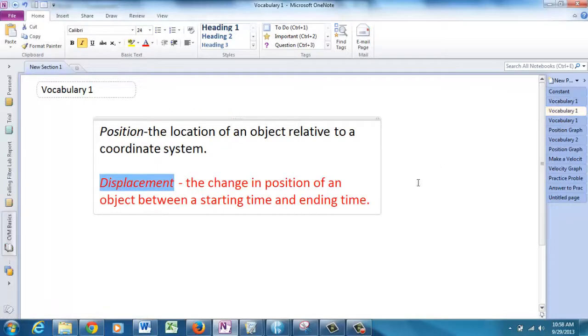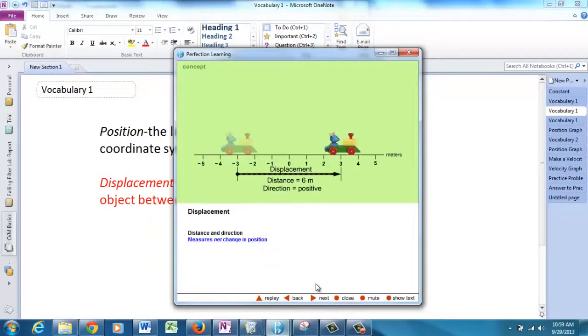The next one is thinking about displacement. Displacement is the change in position of an object between a starting time and an ending time. I'd like to show a little piece from the kinetic books looking at the idea of displacement. Here we show a little object that's moving along, and the displacement takes into account both the final position that something is relative to where it started.